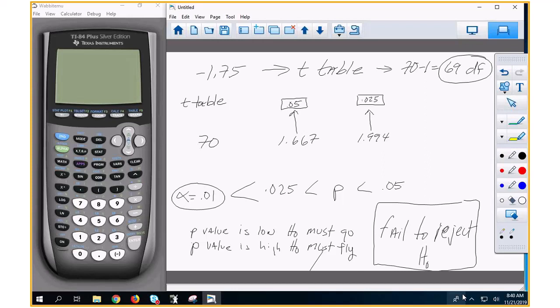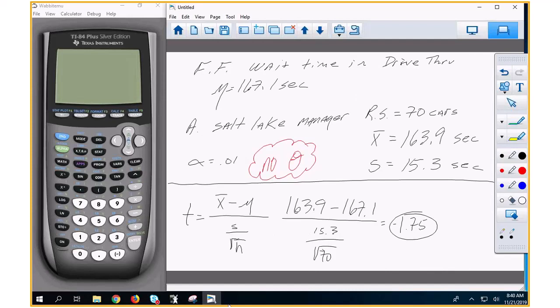So let's look at the p-value and what we did. Let's go back to the previous page, and let's see what we did. We didn't really even state, I don't think we did. Yeah, we did. I'm sorry. I skipped that part. Sorry. The null hypothesis, we got to state. The null is right here.